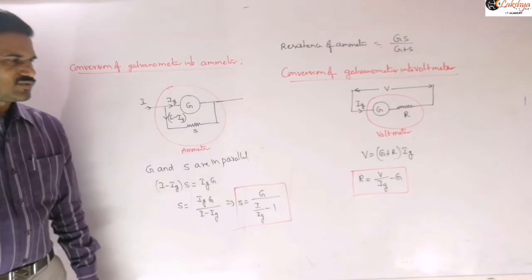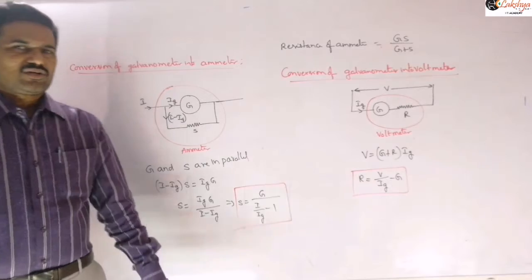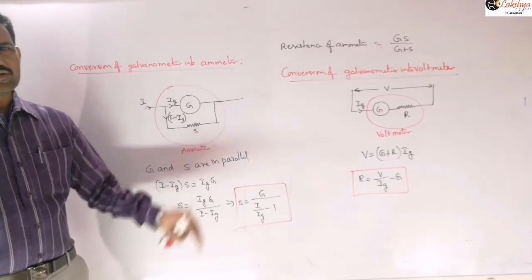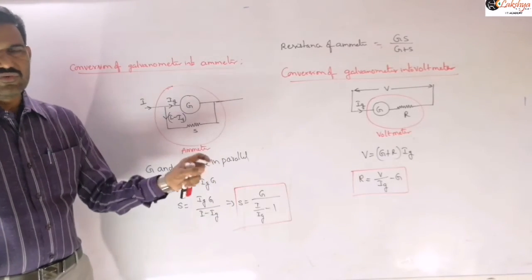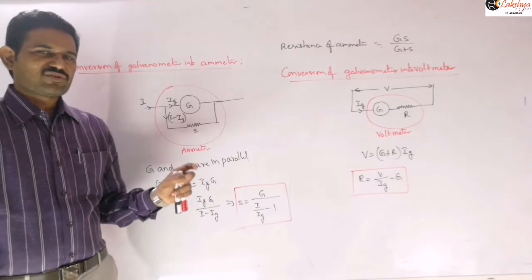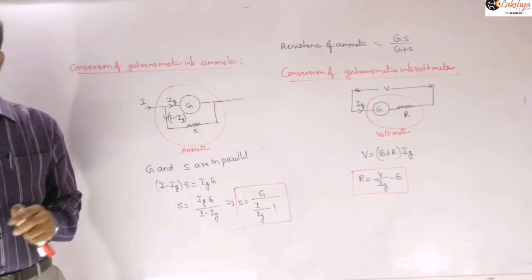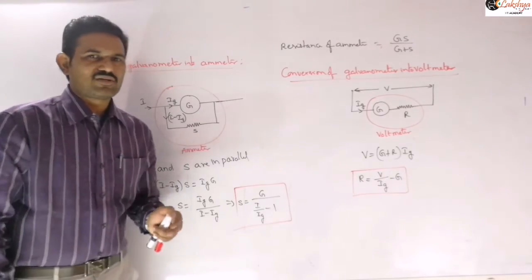This expression gives the R required to convert the galvanometer into a voltmeter of range V. So V is the range of the voltmeter, Ig is the maximum deflection current or full scale deflection current, and G is the internal resistance of the galvanometer, or simply the resistance of the galvanometer here, right?